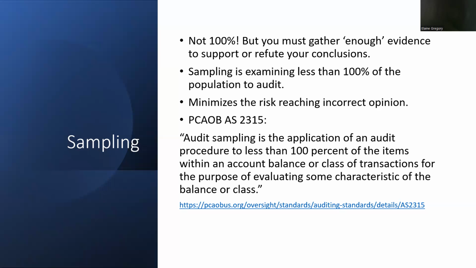So, for example, you'll be looking at accounts payable. You will assess the risk and the materiality, and then determine the sample size in order to ensure that you are able to support your opinion.